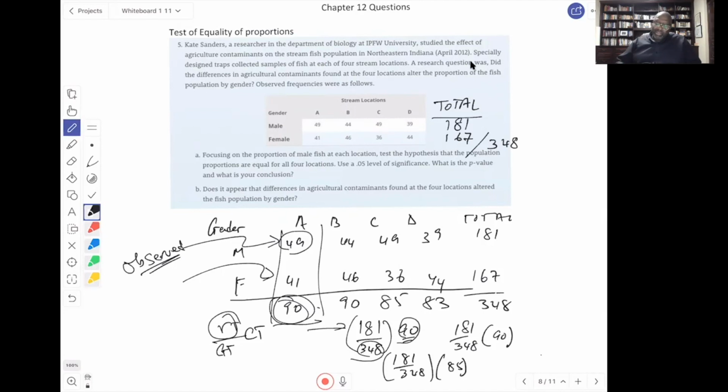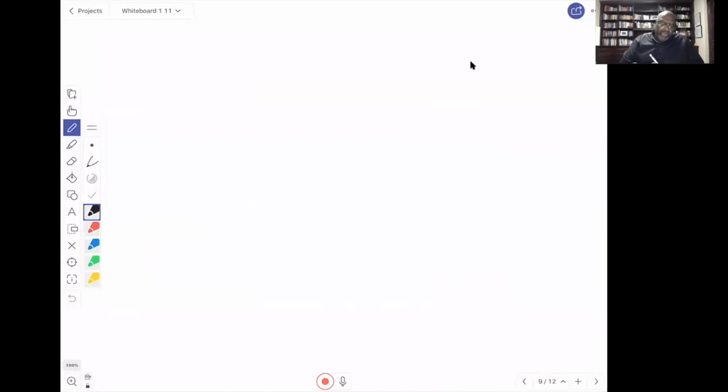So the best thing to do is to clean that up by going to clean page. So again, I'm just going to take the gender, male, female. I'm going to put a little bit of space between them, B, C, D, and totals.